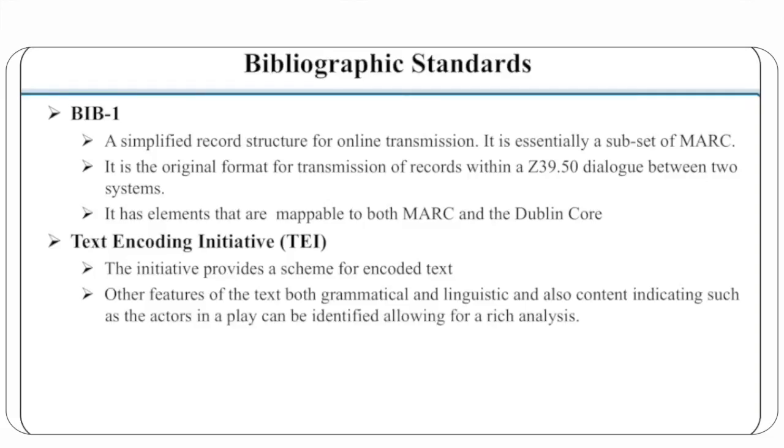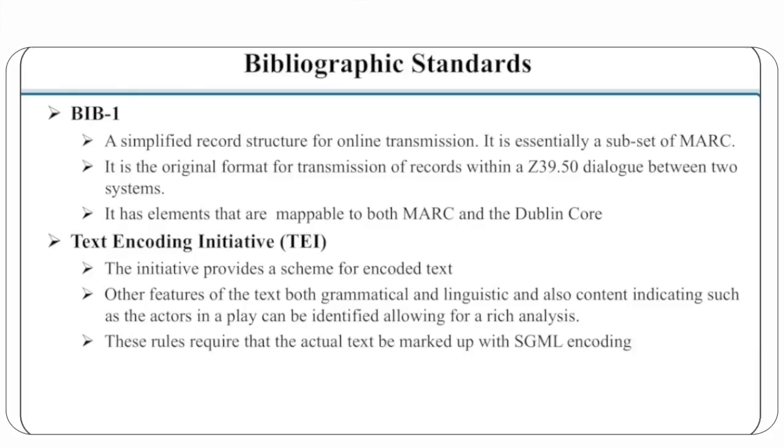Other features of the text, both grammatical and linguistic, and also content indicating, such as the actors in a play, can be identified, allowing for a rich analysis. These rules require that the actual text be marked up with SGML encoding.